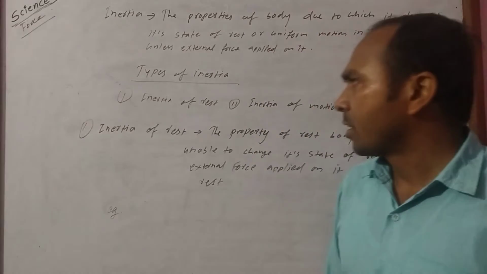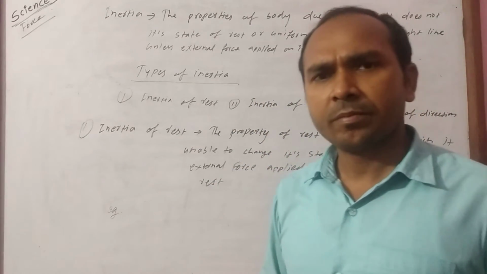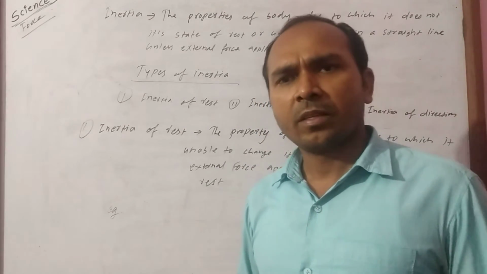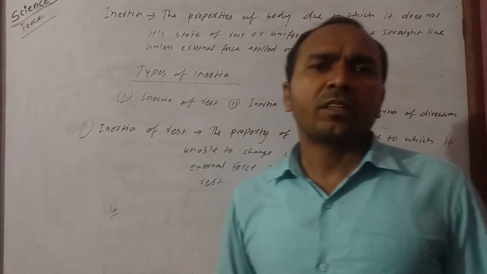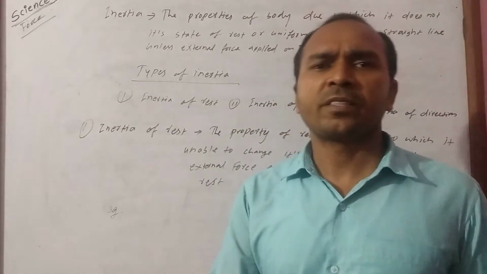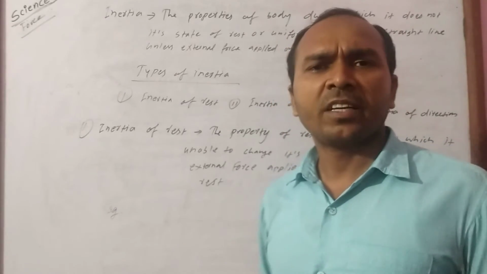There are different examples of inertia of rest, like a passenger sitting in a bus jerks or leans backward when the bus starts, and this is due to inertia of rest.